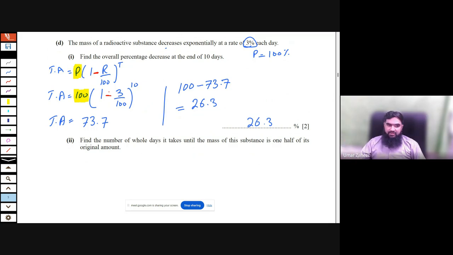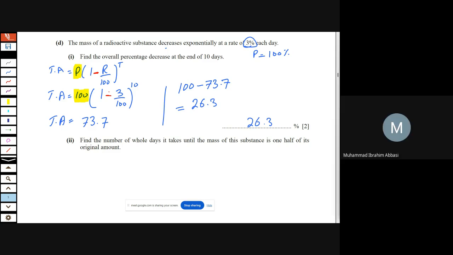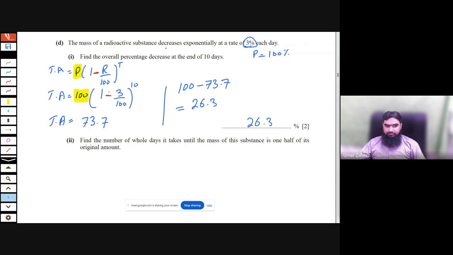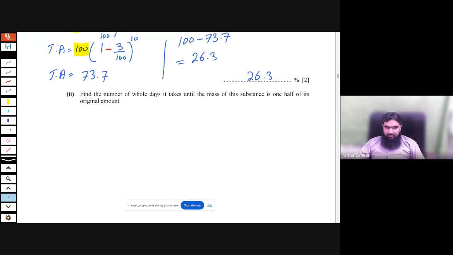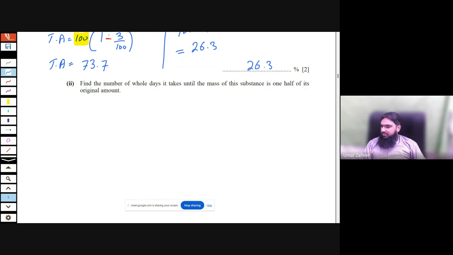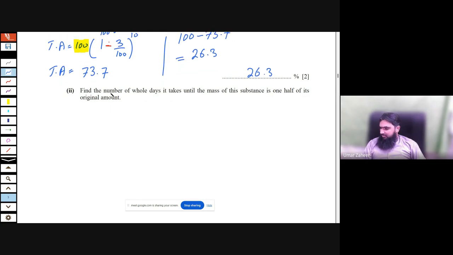He says that it will become half, so we have to take 50%, 50, right? You have to find the number of whole days. So let's try it that way.